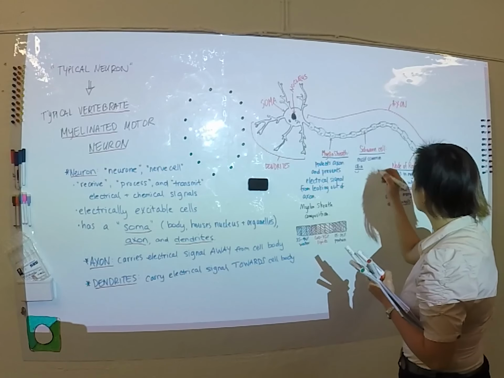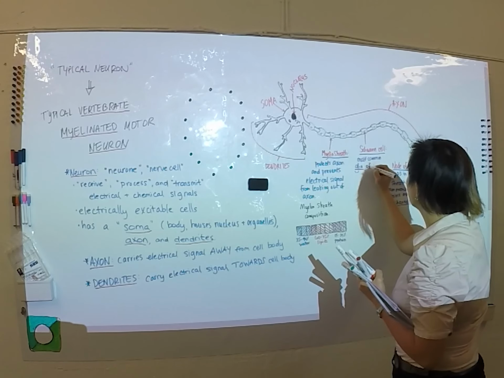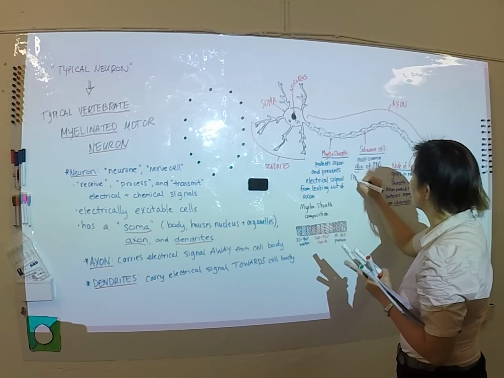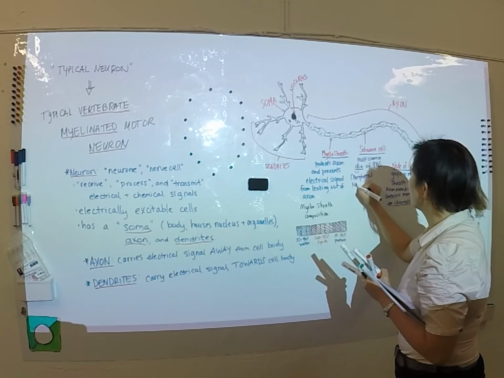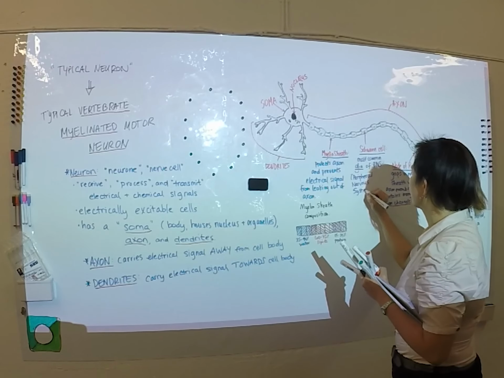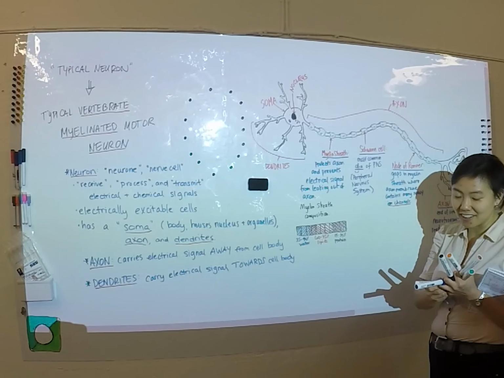In the peripheral nervous system, glia of the PNS, which stands for peripheral nervous system. And we're going to talk a lot more about glia later.